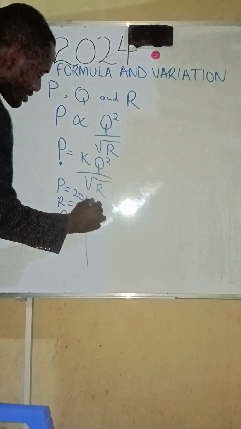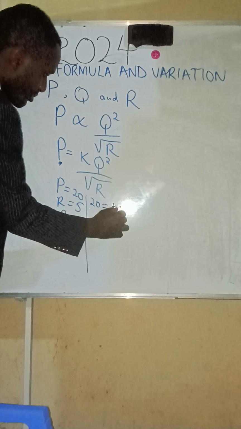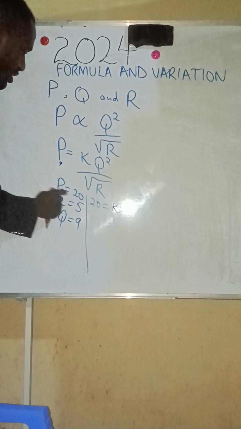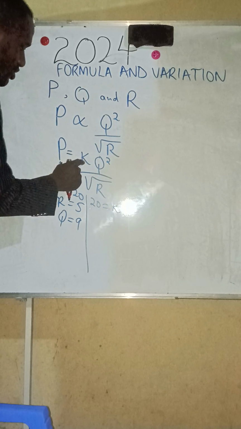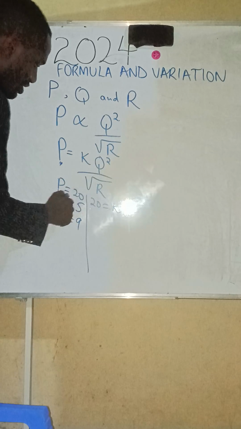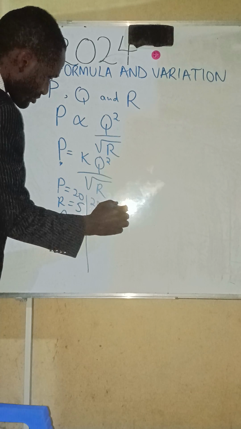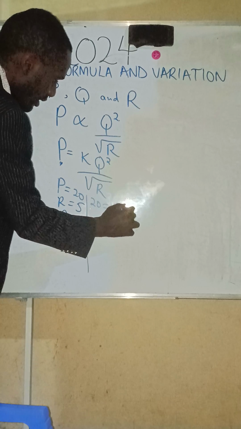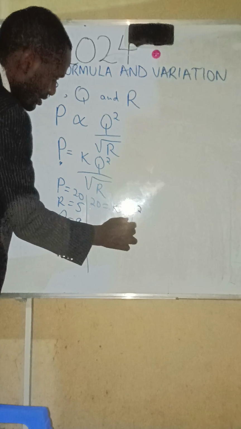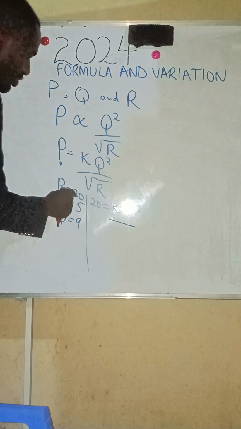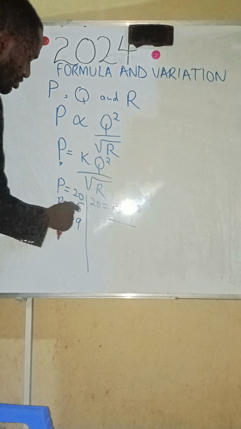So 20, the value of P, is equal to K times Q squared, which is 9 squared, divided by the square root of R, so the square root of 5.